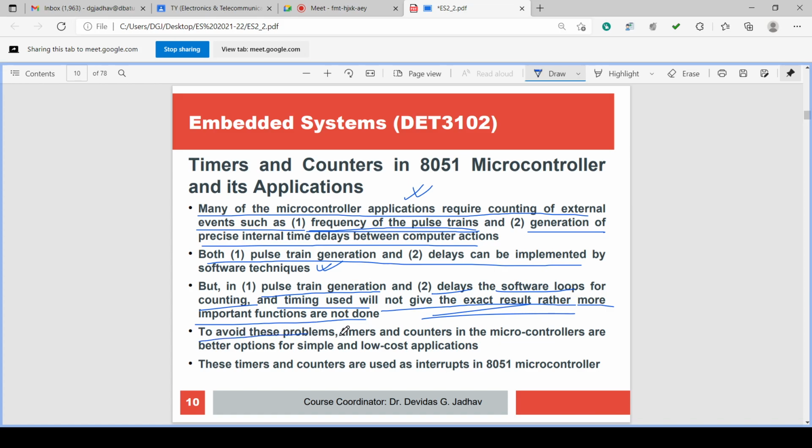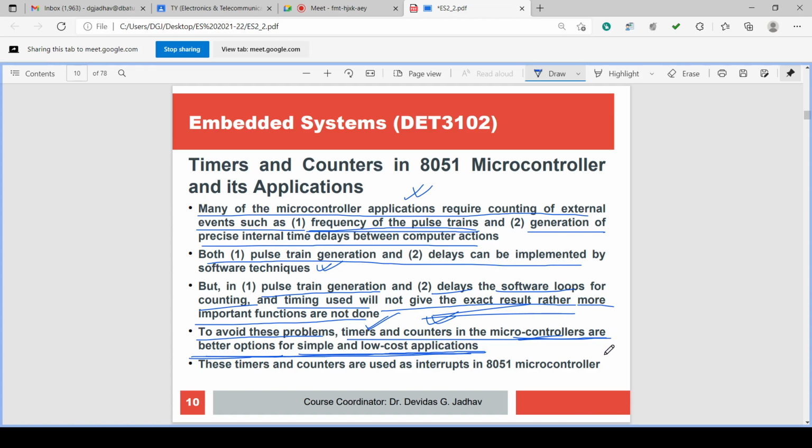To avoid these accuracy problems, timers and counters in the microcontroller are better options for simple and low cost applications.